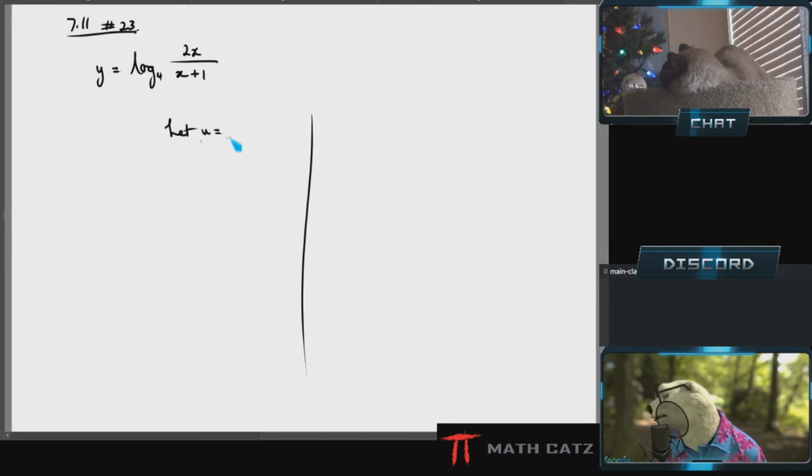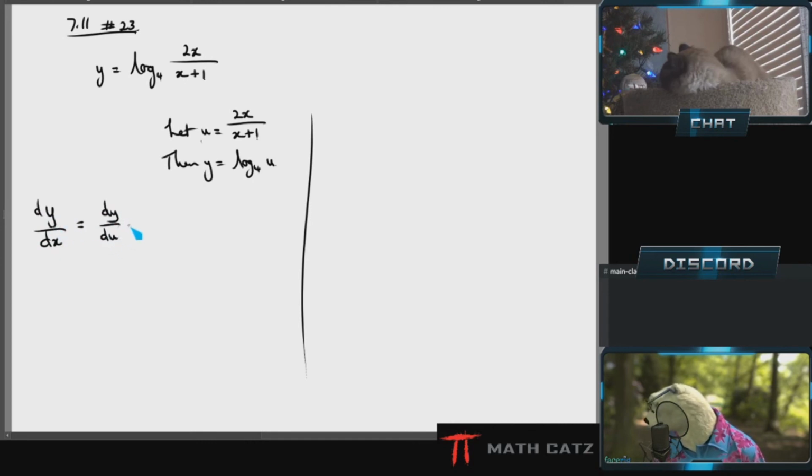Let's say u is 2x over x plus 1. Then y is log base 4 of u. So dy/dx is dy/du times du/dx. Always write this if you are not super comfortable. Make sure you're right. It's okay. It doesn't take long. It took seconds.